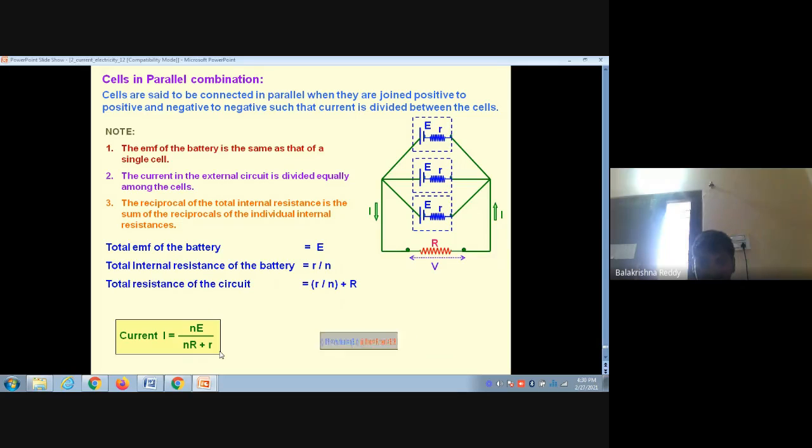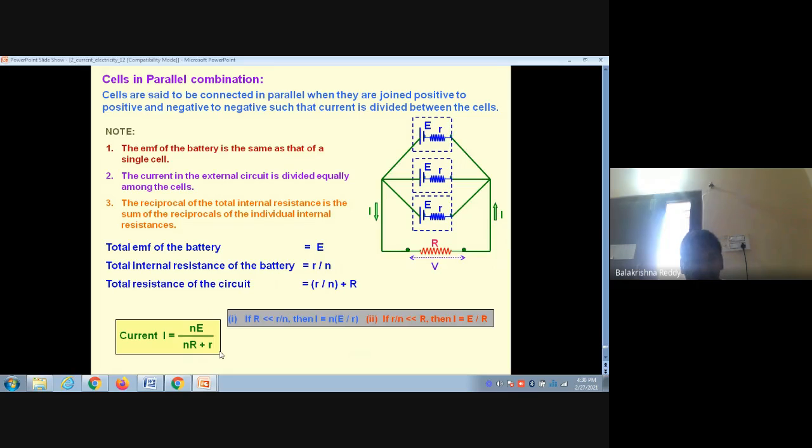Here also, if you neglect the r by n, then the total current is maximum. If r by n is neglected, then I am having only capital R, therefore I equal to E by R. So when internal resistance is negligible in comparison to the external resistance... when external resistance is negligible in comparison to the internal resistance, then cells connected in parallel give maximum current.